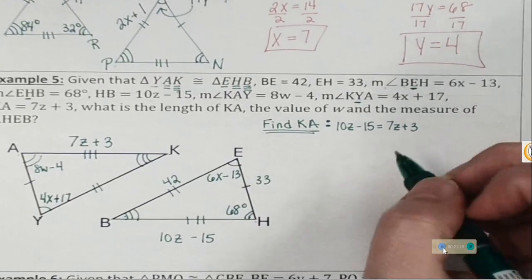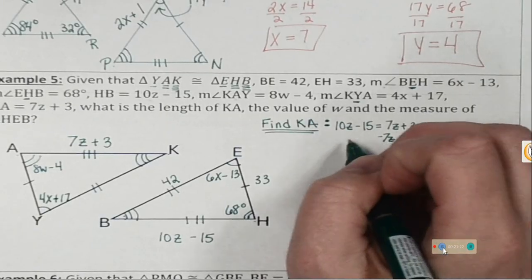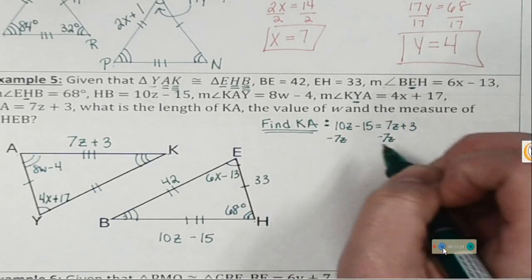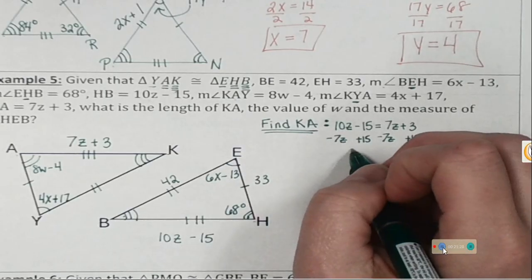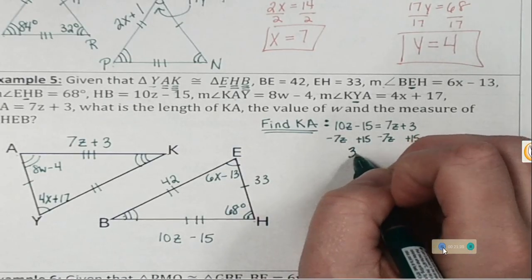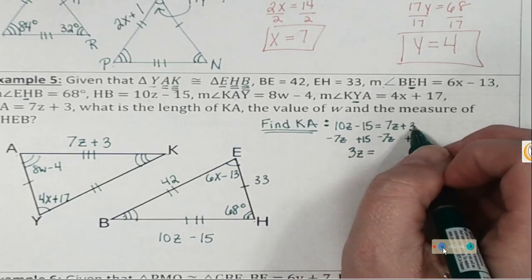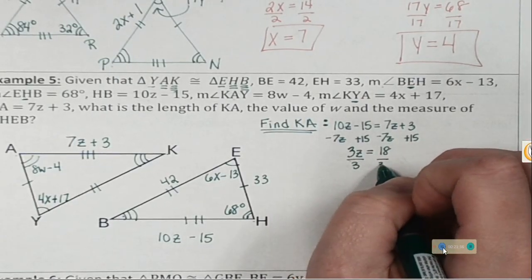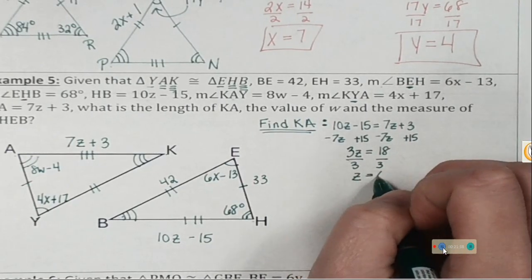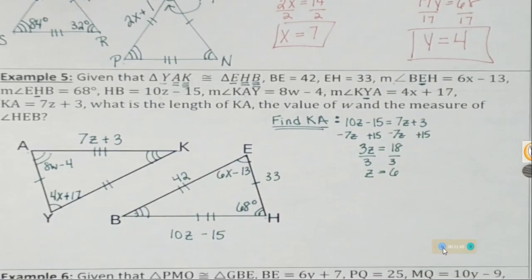So I'm going to solve for Z. I'm going to minus 7Z from both sides. I'm going to add 15 to both sides because inverses cancel, and that leaves me with 10 minus 7 is 3Z equals 3 plus 15 is 18. So that when I divide by 3, my Z equals 6. Did I ask you for Z?